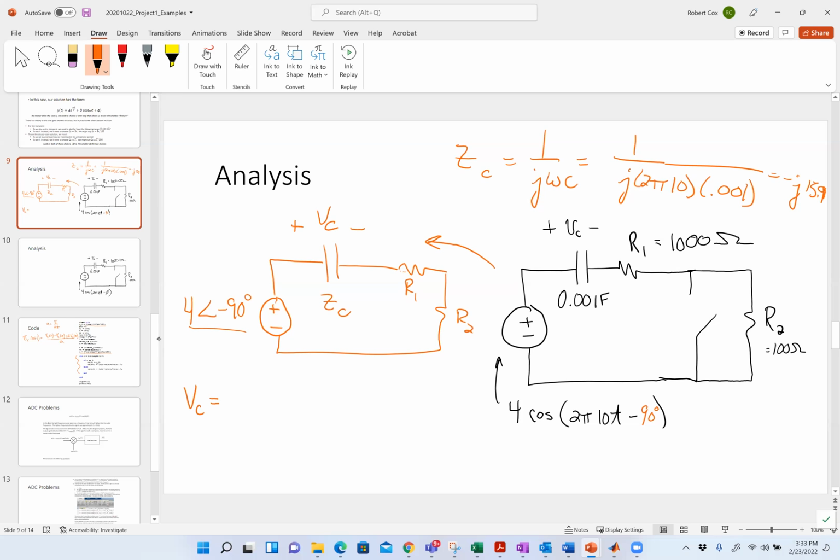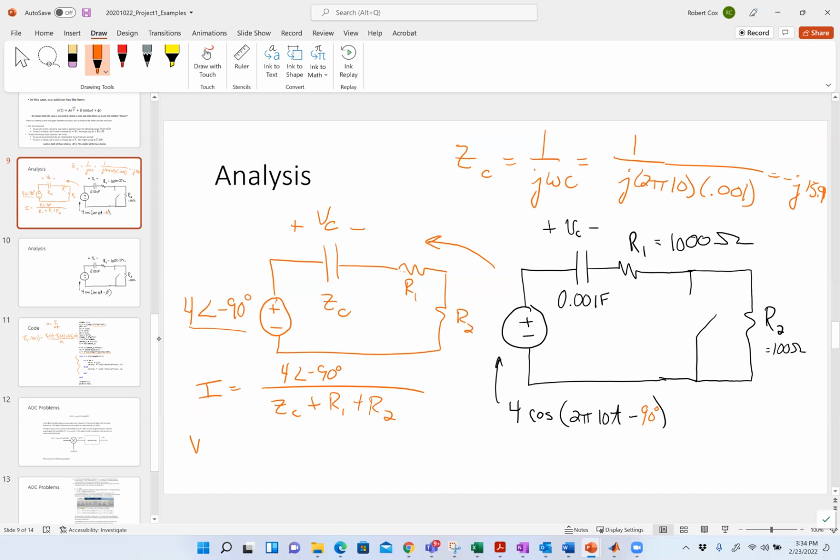It's the same. So how would I find it based on what I have here? What's the equivalent resistance here? Z sub C plus R1 plus R2, right? So the current is 4 angle negative 90 degrees divided by Z sub C plus R1 plus R2. That's the current.